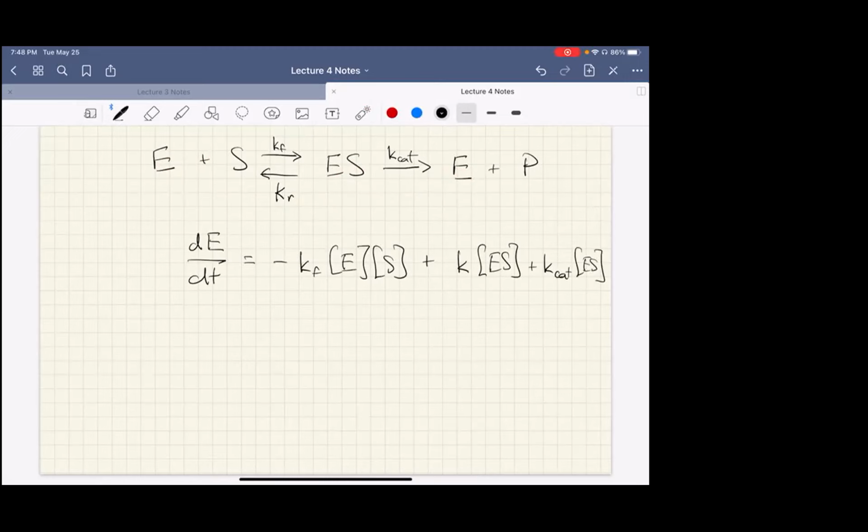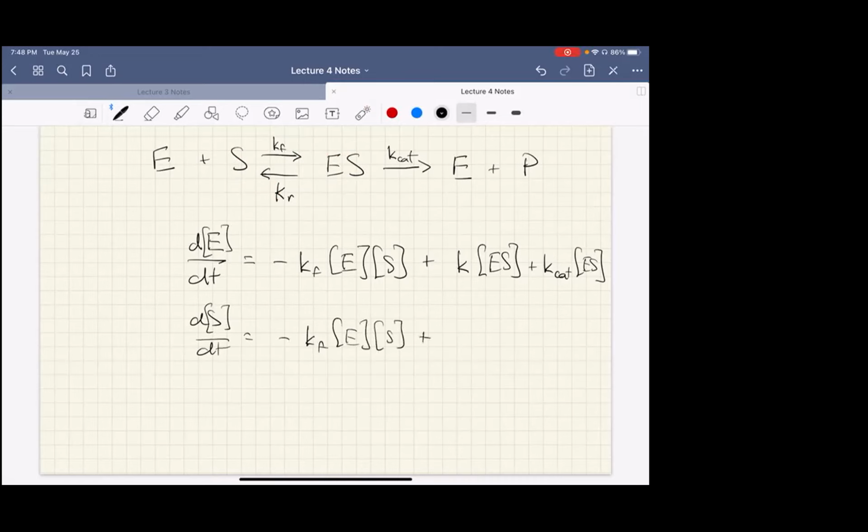S is similar, d[S]. Sorry, that should be square brackets there. d[S] by dt. Okay, again, I get S starting here, coming back. Or excuse me, I lose S going this way, so that's the forward reaction. Negative KF E S. Oops.